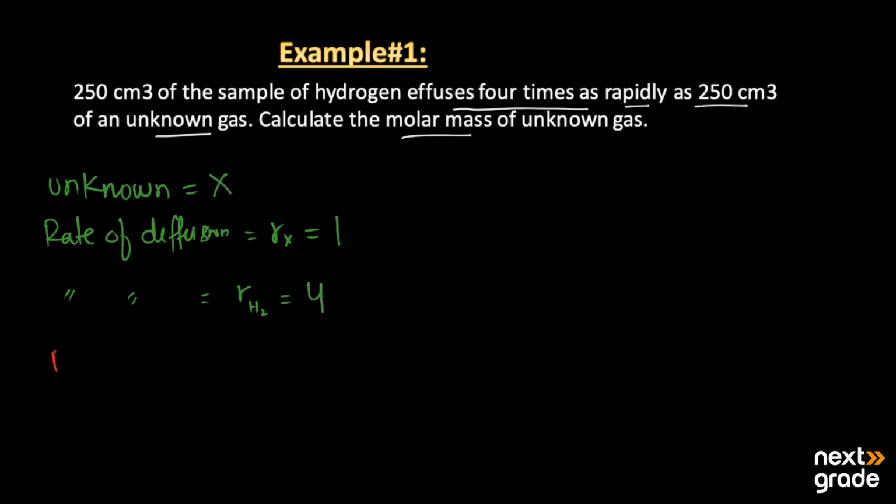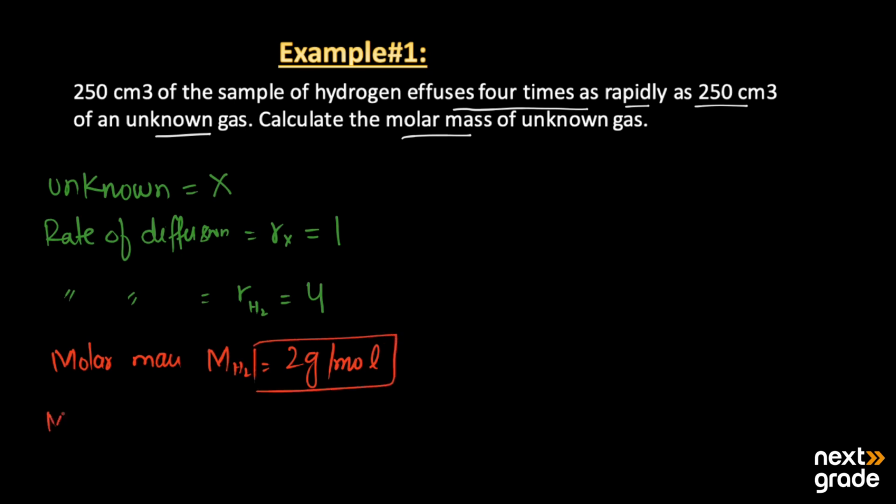As we know, the molar mass of hydrogen, M_H2, is 2 grams per mole. We have to calculate the molar mass of the unknown gas, which can be written as M_X. So this is the required data.